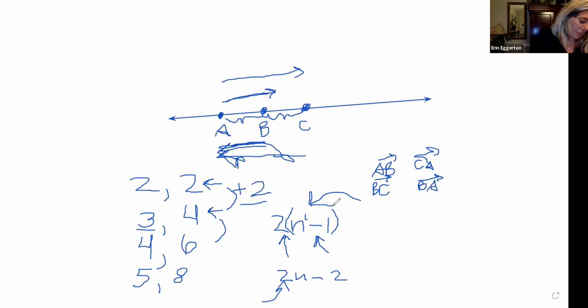So you can get hints from the geometry and you can get hints from the pattern. 3 points is just 2 segments.